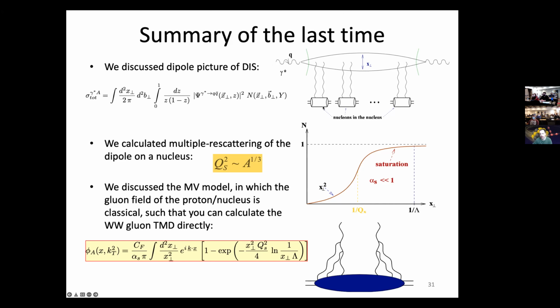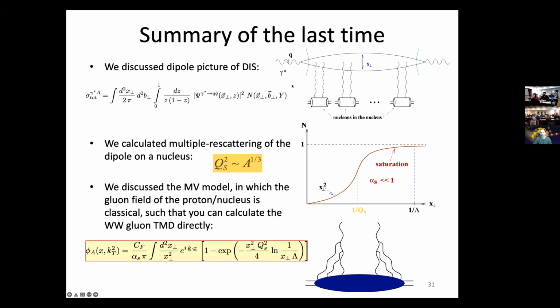It could be just a proton. And in the case of a nucleus, for instance, we also studied multiple interactions with multiple nucleons in the nucleus. I'll remind you of that a little more in a minute. And then, of course, for the total cross section, you need the forward scattering amplitude, so the dipole has to merge back into a virtual photon.